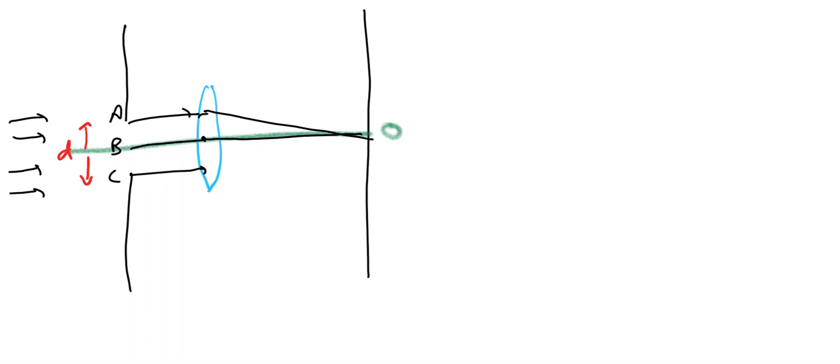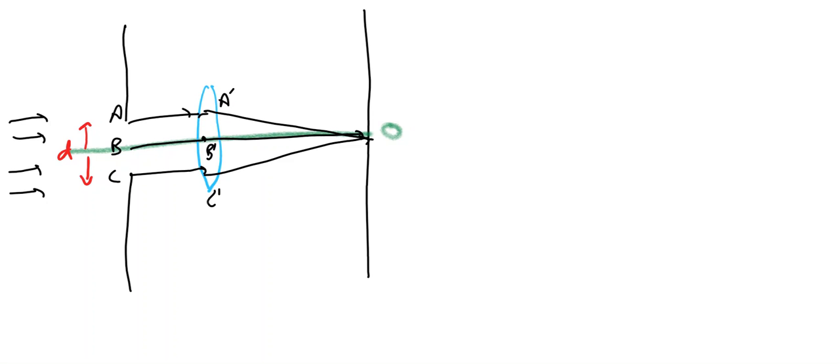and now there is a wavefront approaching, and in this wavefront we consider three waves, A, B, and C. As the waves pass through this lens, they will reach point O. Let these points be A prime, B prime, and C prime.